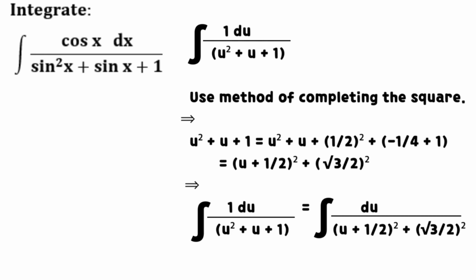Hence, we have that the integration of the reciprocal of the sum of the square of u and u plus 1 with respect to u equals the integration of the reciprocal of the sum of the square of u plus half and the square of half of the square root of 3.